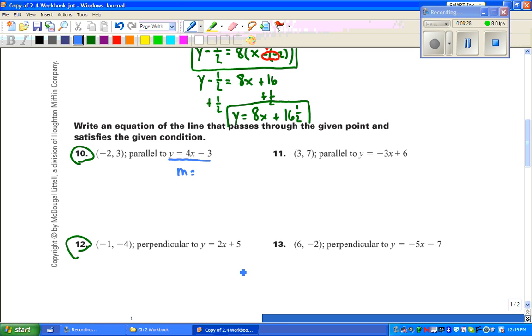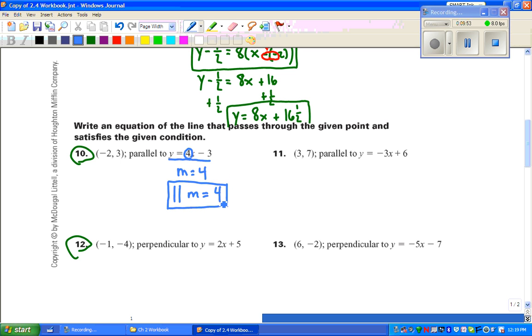Well, my slope is right here, so my slope is 4. And we're trying to write the equation of a line that's parallel to that one. So what does my slope have to be? We know that parallel lines are lines that never, ever intersect, so they have the exact same slope.